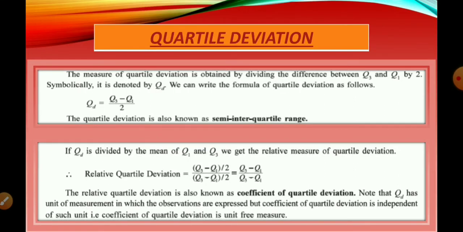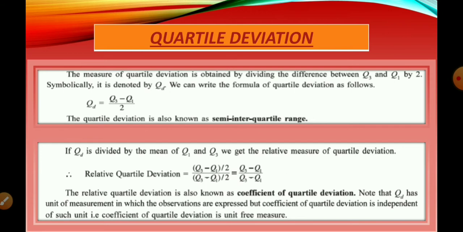Next measure of dispersion is quartile deviation. We have already seen that there are 4 measures of dispersion. In that, the very first was range, which we have already discussed. Now the second measure of dispersion is quartile deviation. We will discuss the formula of quartile deviation.